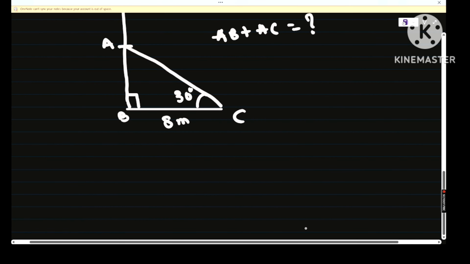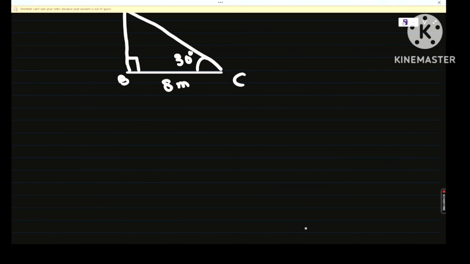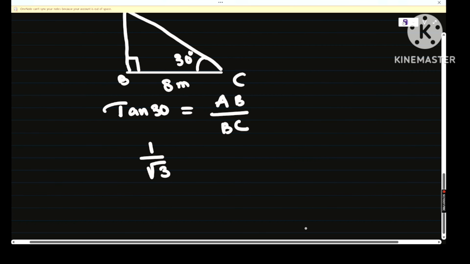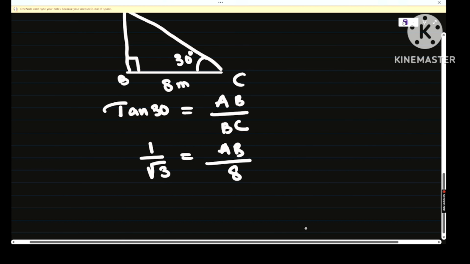So first find AB using the trigonometric ratio of tan 30. Tan 30 can be written as opposite side by adjacent side, which is AB by BC. And what is the value of tan 30? 1 by root 3, which is equal to AB, which you don't know, so just write AB, by BC, which is given as 8 meters.